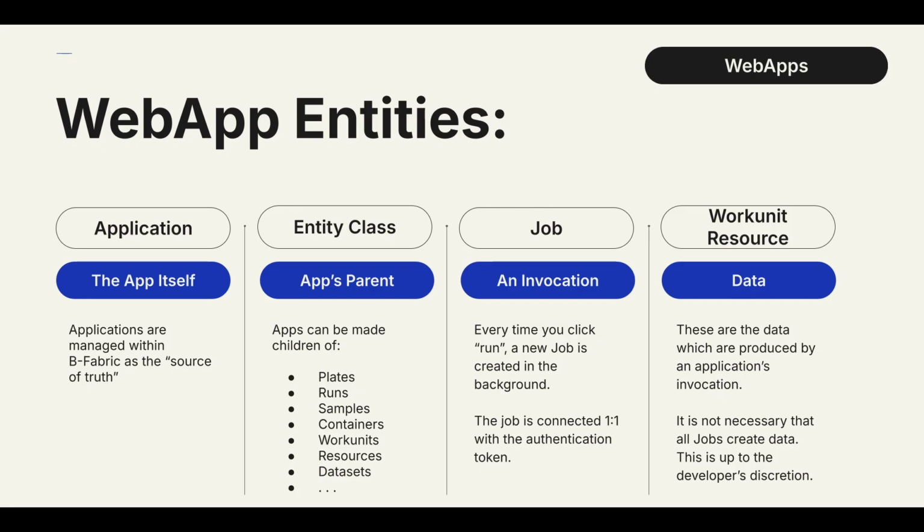The job object, which is where all of the various activities of the application are logged, and then the work units and resources, which is essentially the data which is created by this. I left a couple off here. One is the data set, which is connected to the work unit by default via the run main job function, which we'll cover in a second, and the charges, which are created every time you run an application if you choose to charge for the application invocation.